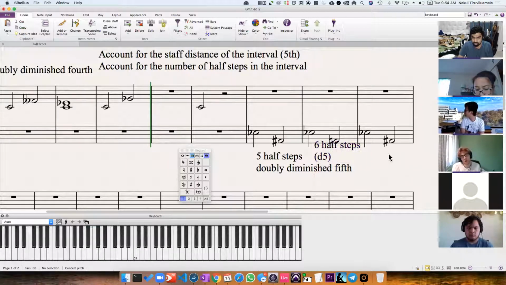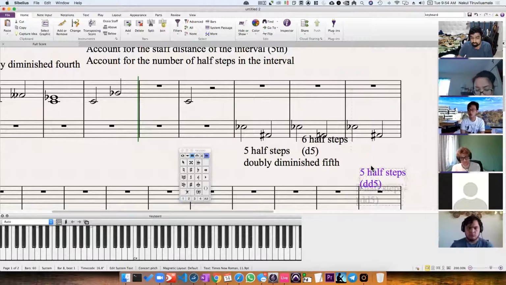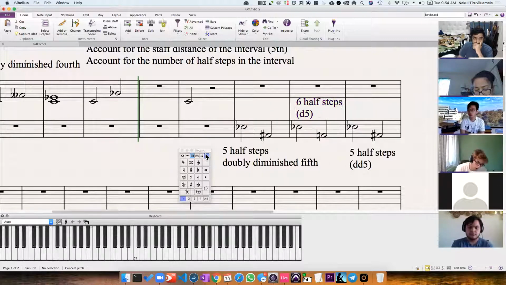If I shrunk this one more time, what I get is 5 half steps, which you could say is DD5, double diminished fifth. It's a little confusing, I know, but that's basically how you do it, if that makes sense.